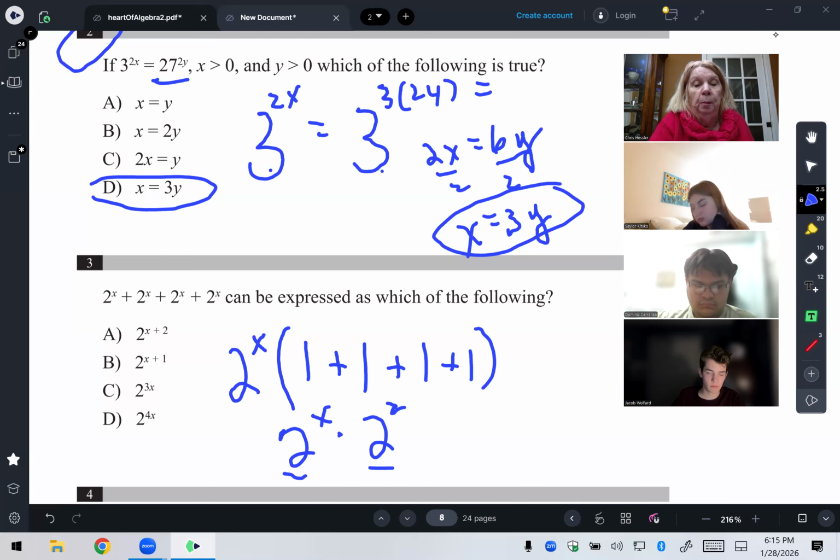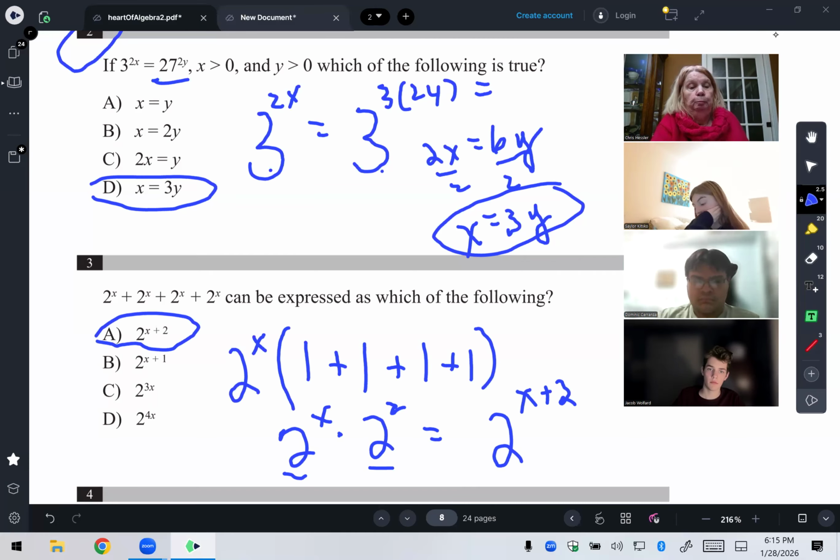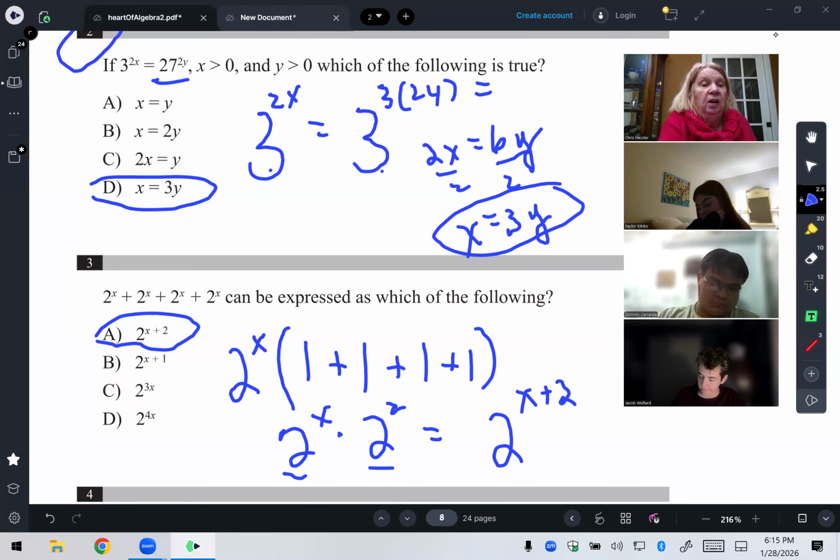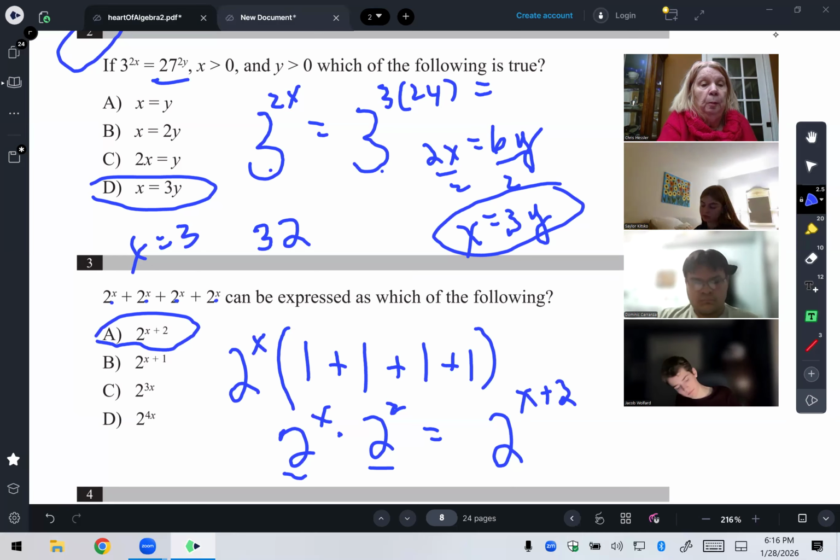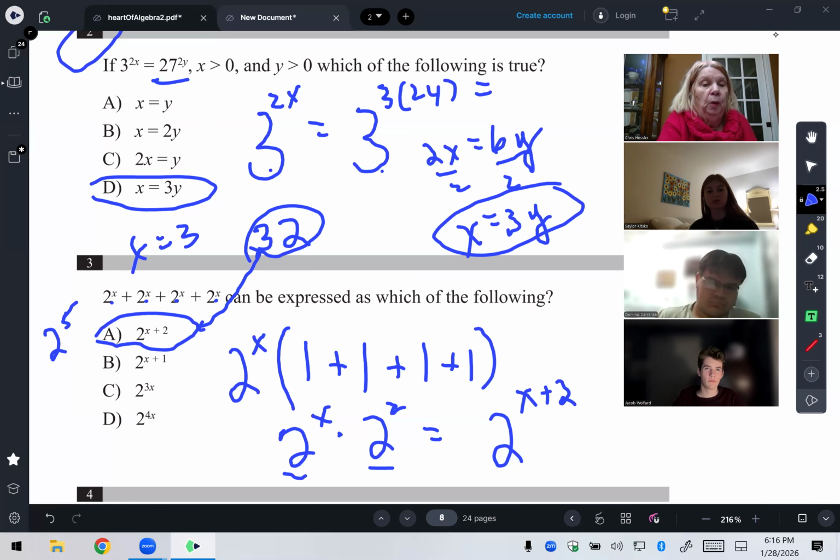Same base, add the exponents, and I would get 2 to the x plus 2, which is A. And if I pick numbers, I could say x is 3. So that's 8 plus 8 plus 8 plus 8. 4 eights is 32. And that's also equal to, I used x is 3, 2 to the 5th, which is 32. So either way, you get it.